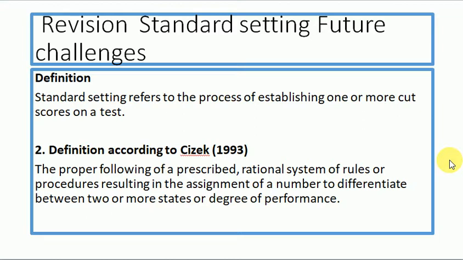This is the definition of a cut score. It is a number which differentiates between two or more states or degrees of performance achieved by a student.